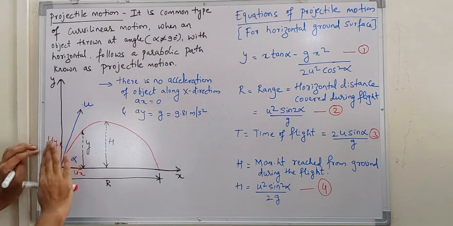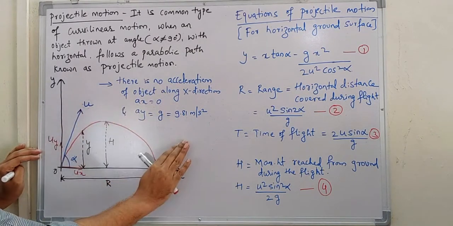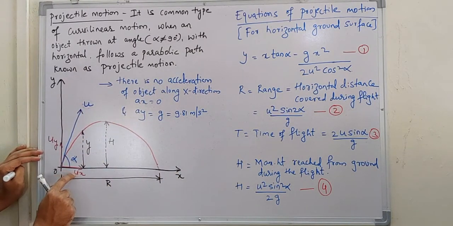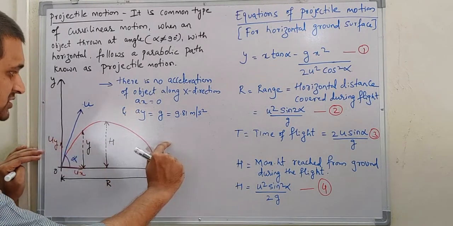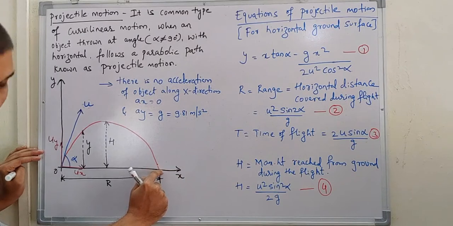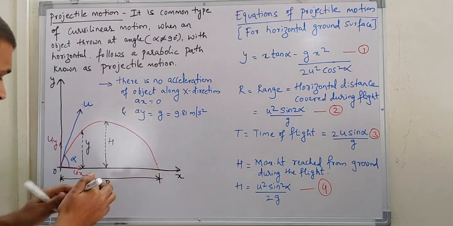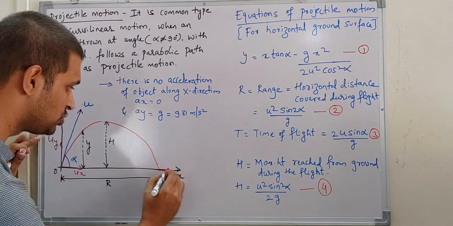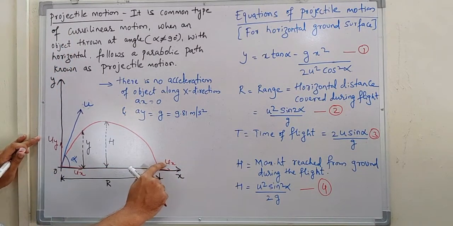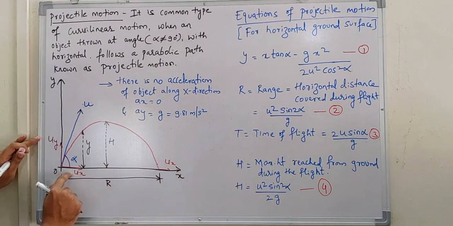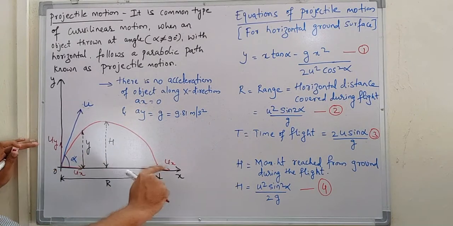For projectile motion, whatever the initial velocity ux along the x direction, it will continue to move with the same velocity until it reaches the final point. So the final velocity along the x direction will also be ux. Why will the initial and final velocity along the x direction be the same?